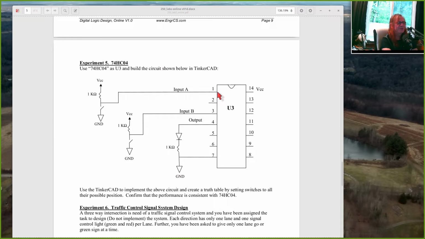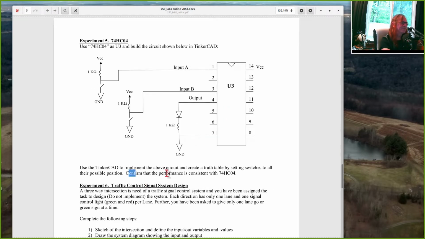The only thing input A does is feed the input of this first inverter, and the output of that inverter doesn't go anywhere. So it's basically a red herring. So confirm that this performance is consistent with the 74HC04. That's what we're talking about here.